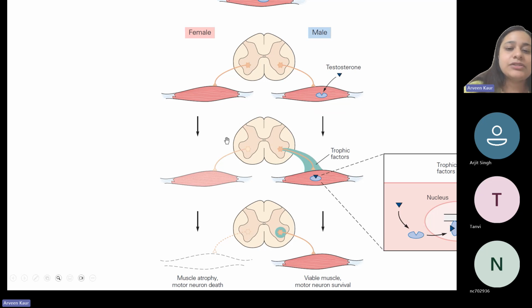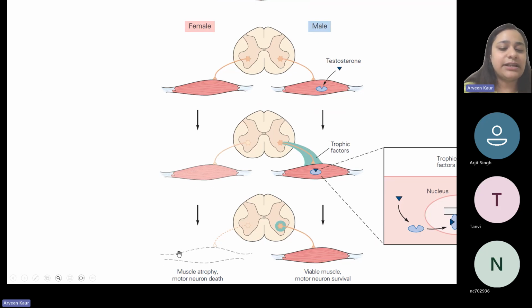So this region will not be developed in the spinal nucleus region corresponding to the male region in the lumbar section of the female.